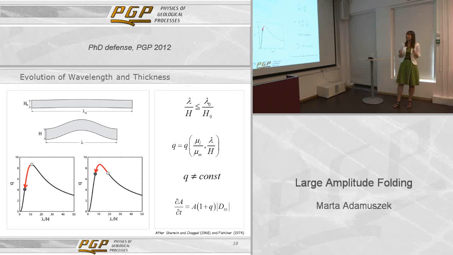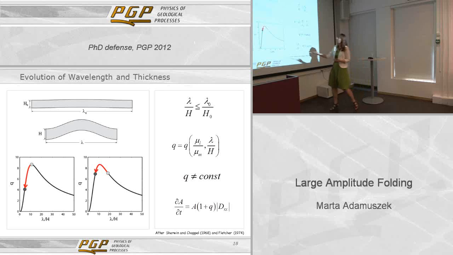But during the folding, the layer undergoes shortening and thickening. That means that the wavelength to thickness ratio decreases with time. It means also that the growth rate that is dependent on wavelength to thickness ratio would also change.